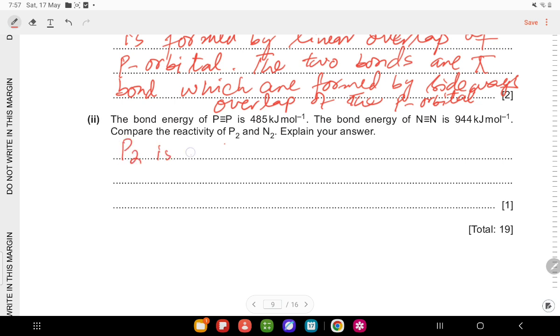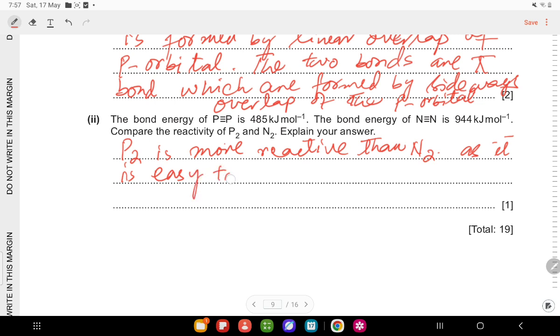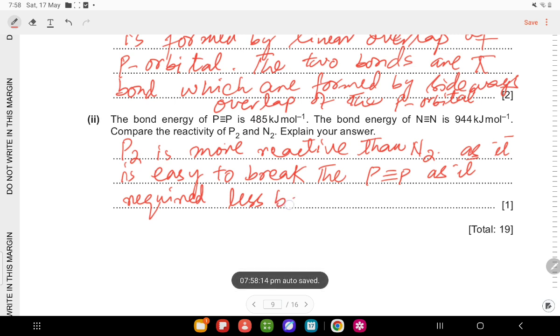Phosphorus is more reactive than nitrogen, as it is easier to break the bond, as it requires less bond energy.